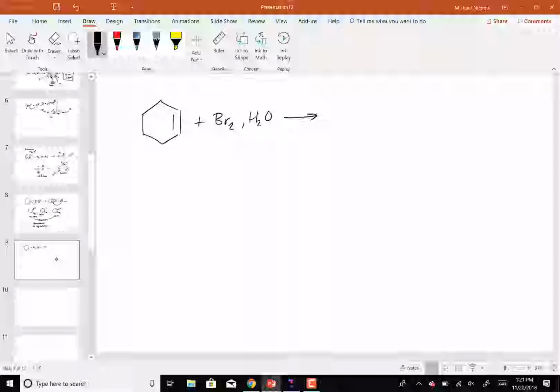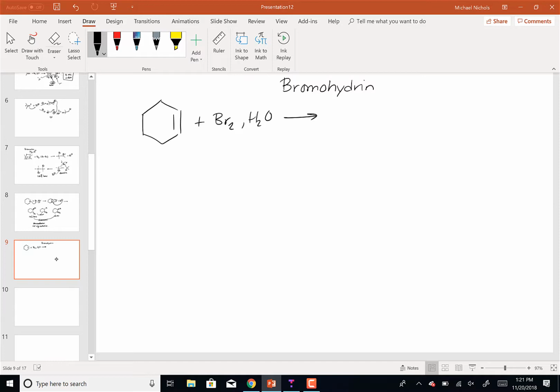This is what's called bromohydrin formation. It's going to form a bromohydrin. And so in this reaction, I'm going to add a Br and an OH across the double bond.